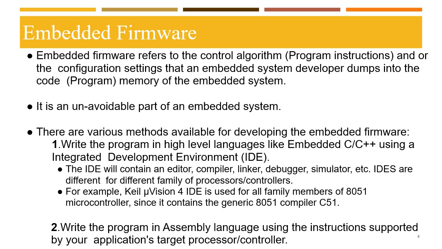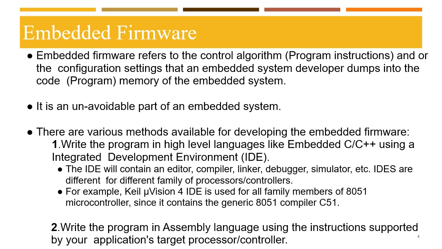While this embedded firmware is an unavoidable part of an embedded system, there are various methods available for developing it. The first method is to write a program in high level languages like embedded C and C++. Another method is to write a program in assembly language using instructions supported by your application's targeted processor or controller.